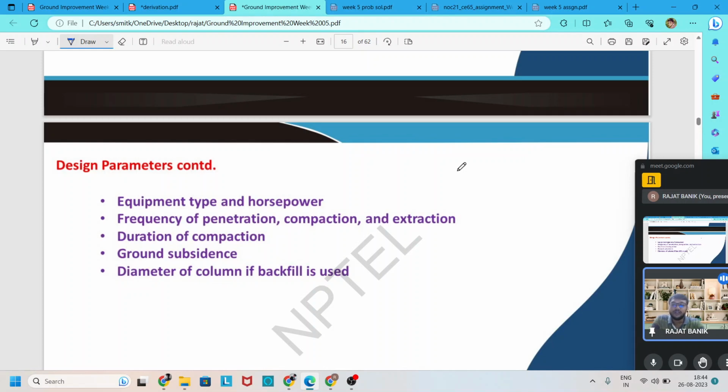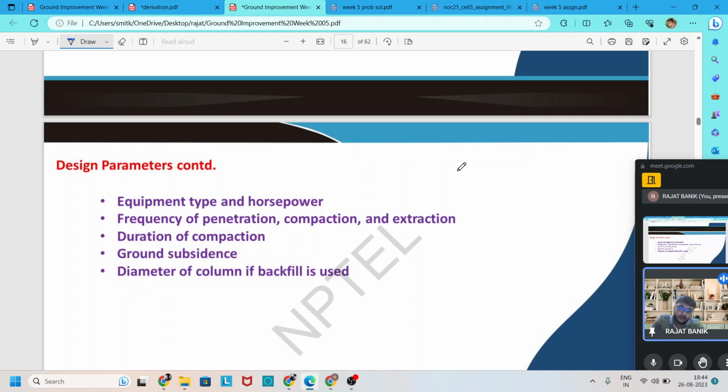It is also dependent on the duration of the compaction. That means if we apply the energy, how much time we apply this energy. If the application is more than 30 seconds or 1 minute, more vibration is generated. Sometimes it is suitable, sometimes it is not.